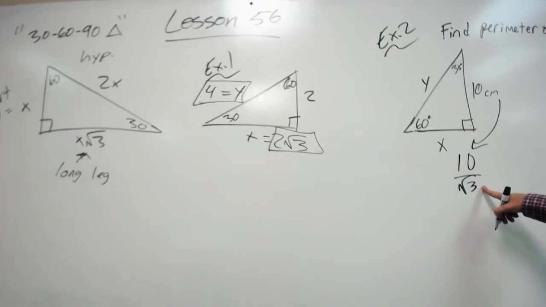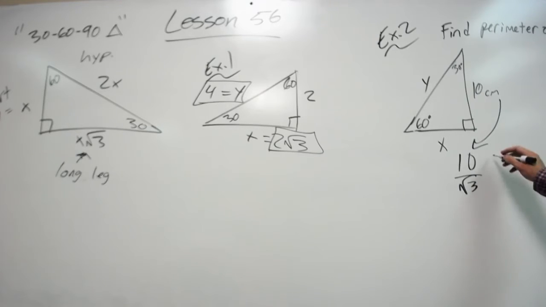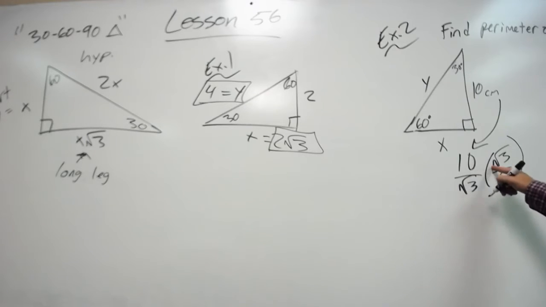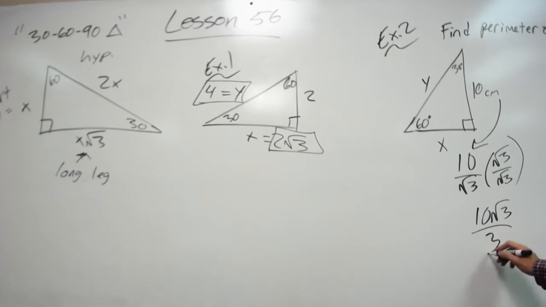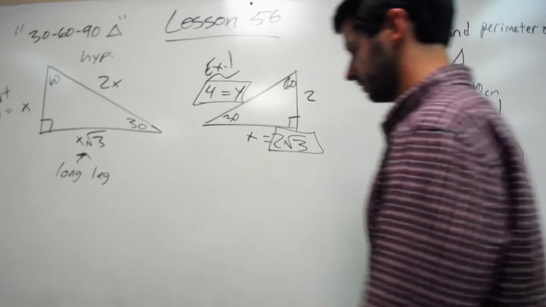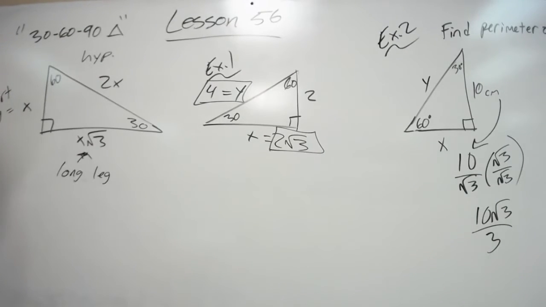And if you remember from 45, 45, 90 triangles, we cannot have a radical in the denominator, so we multiply by radical 3 over radical 3. That gives us 10 radical 3 over square root of 3 times square root of 3, which is square root of 9, and that is 3. So therefore x is 10 radical 3 over 3.